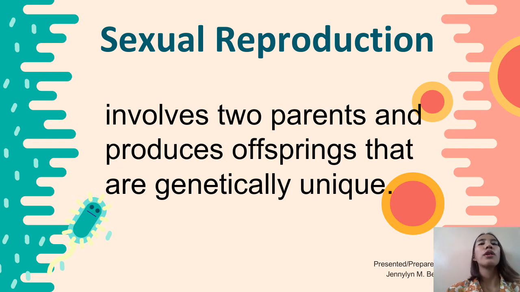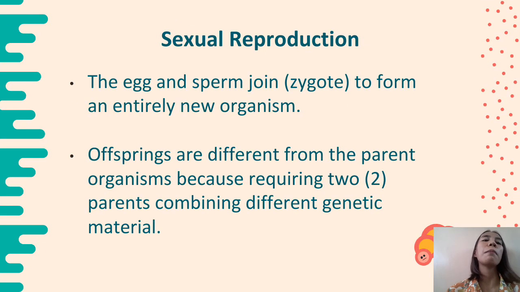Okay, so in this case, in sexual reproduction, the offspring is different from the parent because of the combining of two genetic materials.